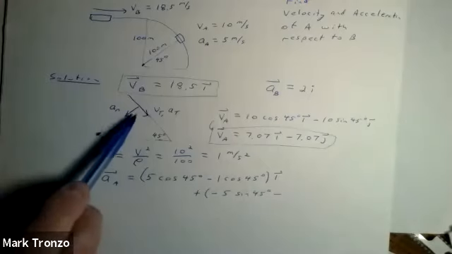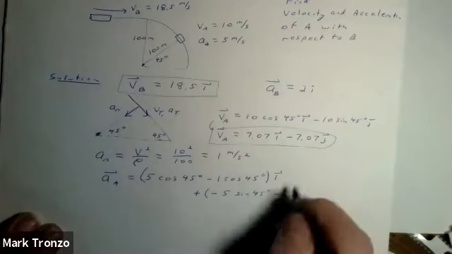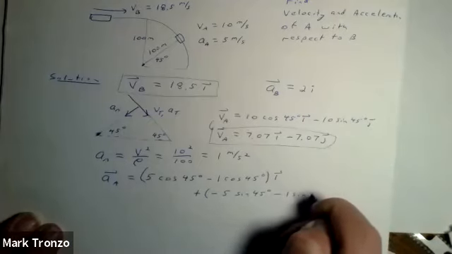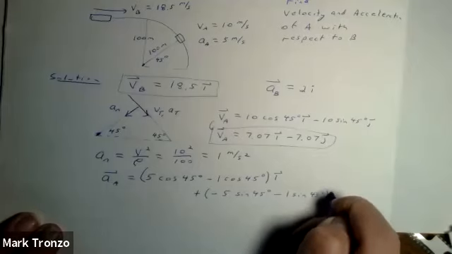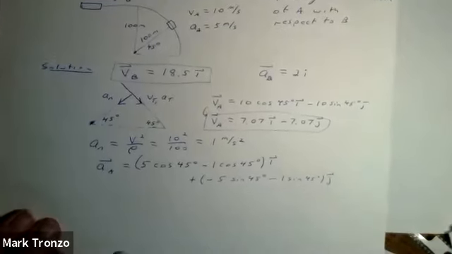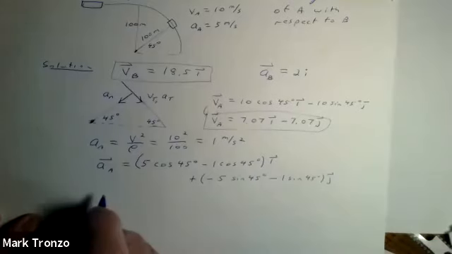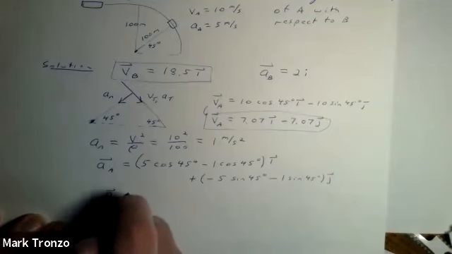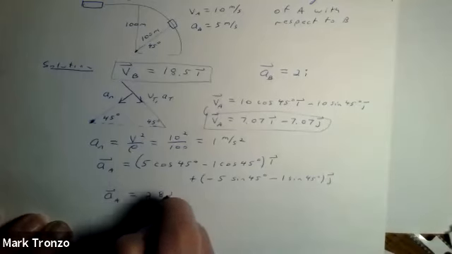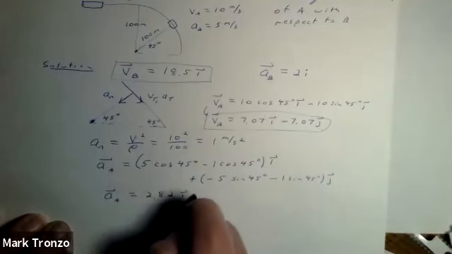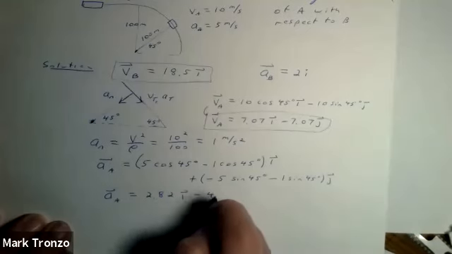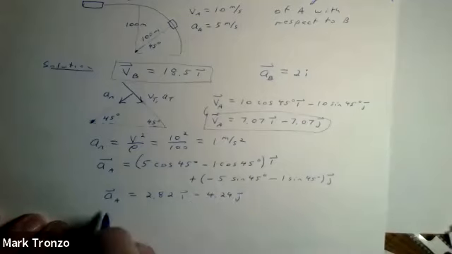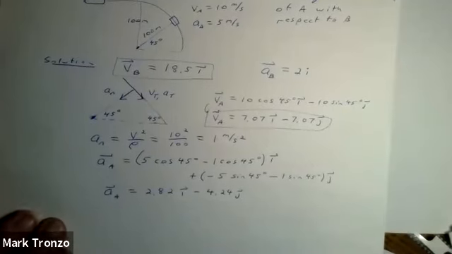And then for the normal, it's also going negative, and that's going to be sine, minus 1 sine 45 degrees J. And if you put all this stuff in your calculator, the acceleration of A is 2.82 I minus 4.24 J. So just take a look at that for a second. See if that all makes sense.